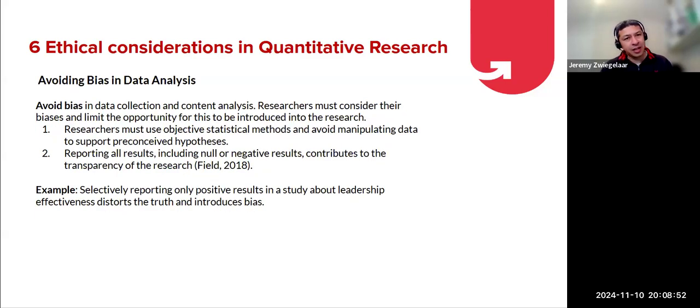Avoid bias in your data collection. And what I mean by this is you need to consider the limitations of your own bias in terms of what it is that you are collecting and also minimize it generally. In most cases, you will need to ensure that you are using objective methods and applying the correct method in order to manipulate the data that you are looking at.